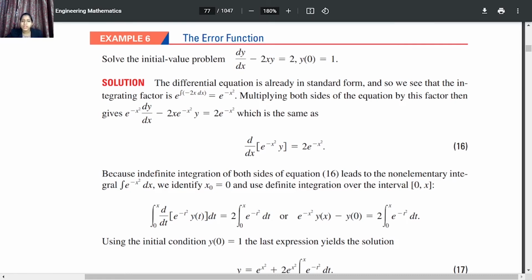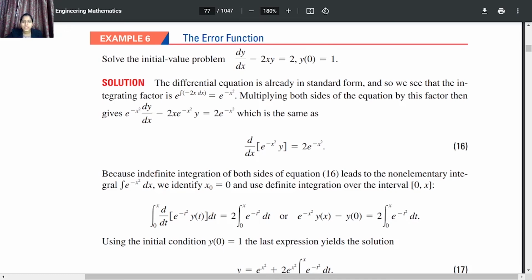Okay, so we get e raised to minus x square into y of x minus, here we'll have to apply our initial value, that is y of 0, that is the integrating constant, right? So minus y of 0 will be equal to 2 into integral 0 to x e raised to minus t square into dt. Now what is y of 0? Y of 0 is 1, it is given to us.